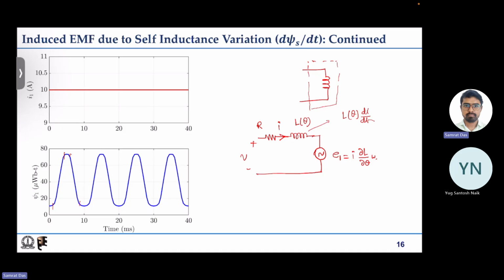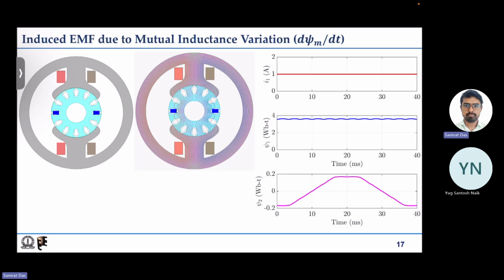Then we saw the case for mutual inductance variation. The current of the winding is constant, and so is the flux linkage of that same winding, but of a different winding which is moving with the rotor. As you can see here, the blue color winding is moving with the rotor.